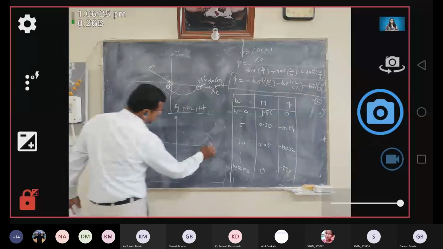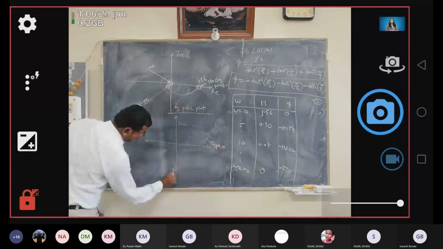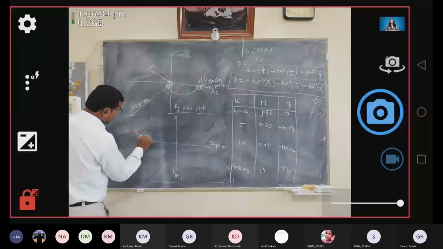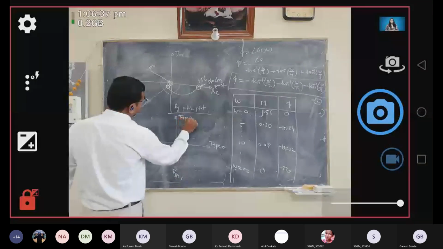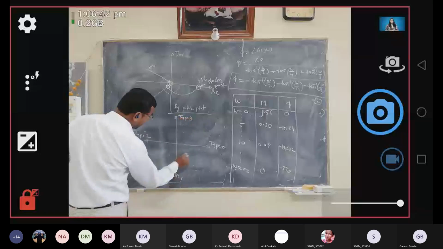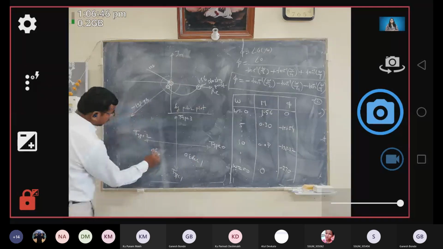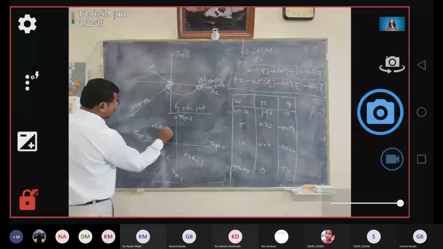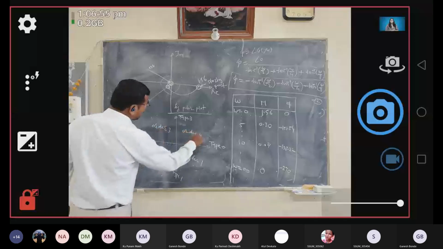So type 0 system here, type 1, type 2 and type 3. And in these quadrants you get order 1, here is order 2, order 3 and order 4.